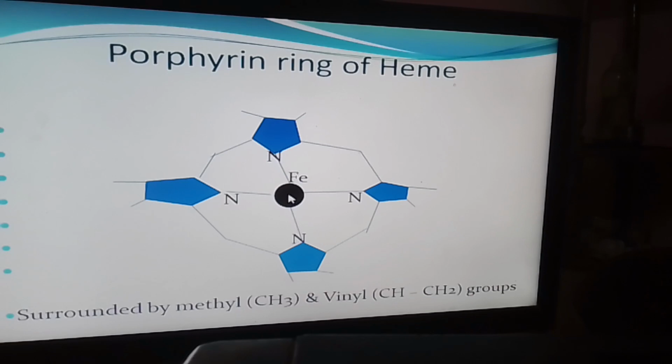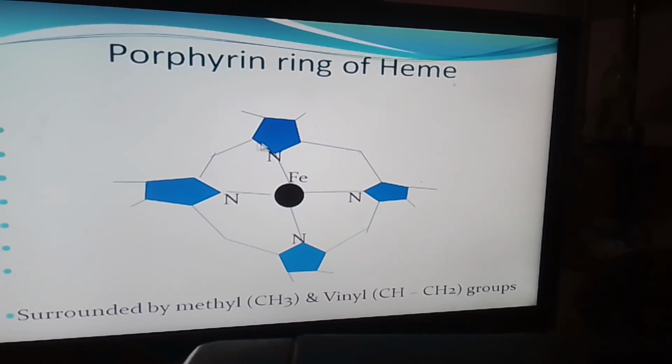And then at the center of this ring you see the presence of iron in a ferrous form, which will be connected to these pyrrole rings on four sides through the nitrogen structures.